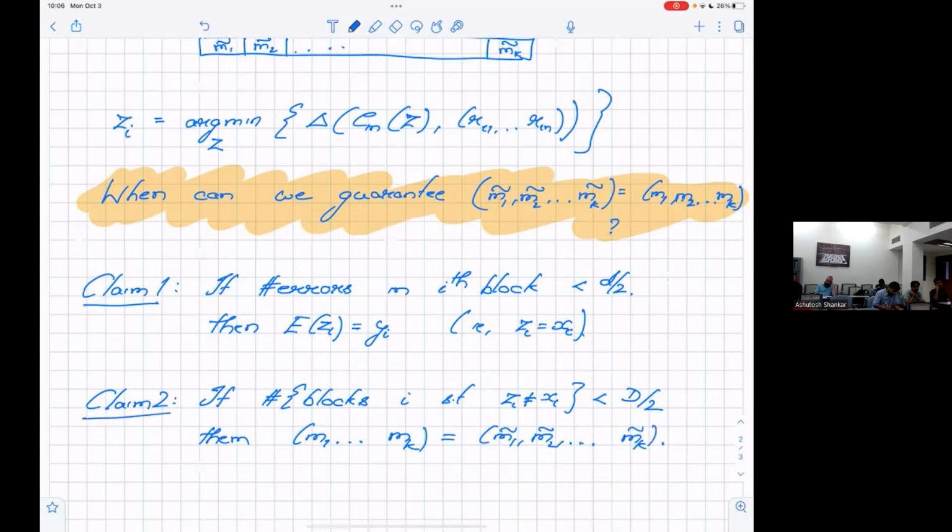Is that okay? Yes. So if the inner decoding worked such that at most D by 2 blocks are erroneous, then the outer decoding will work.